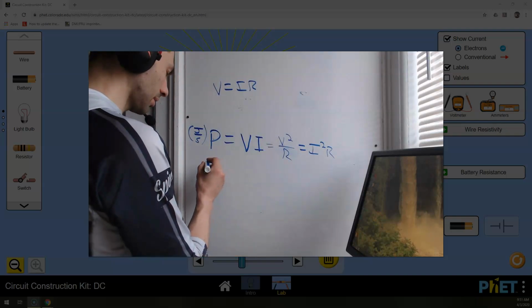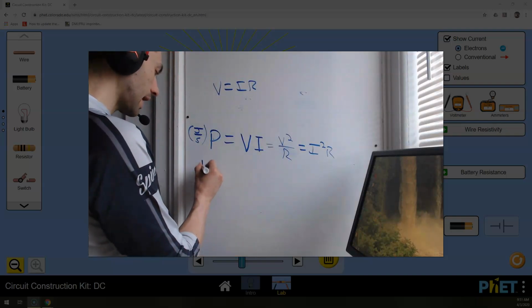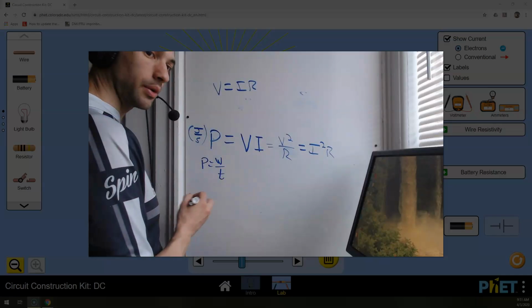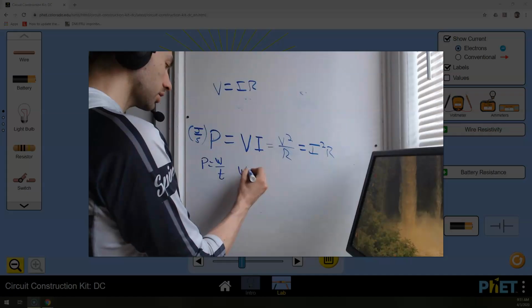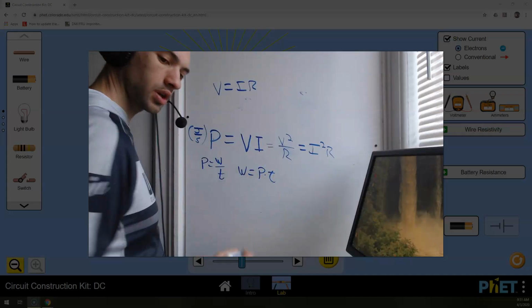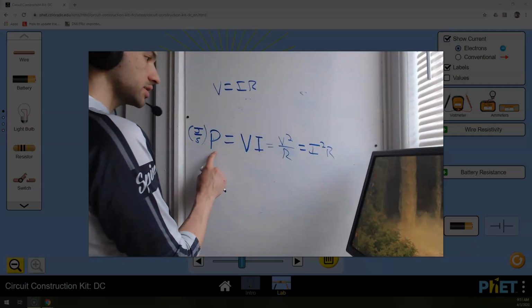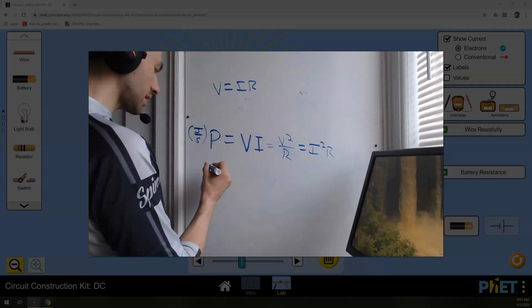Let's just quickly do, what if I wanted to know the energy in the circuit? I think they probably do W, but we know that power is maybe work over time. So if I were to rearrange it, work would be power times time. So if I wanted to know the amount of energy being used, I would simply multiply any of these things times time.